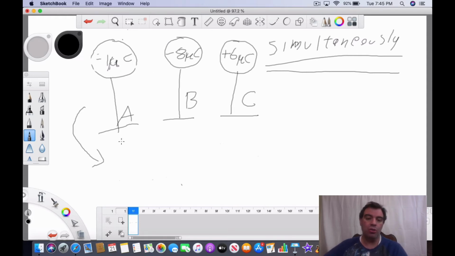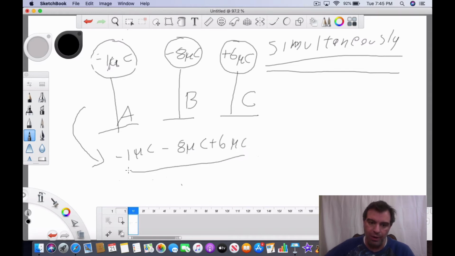If all three are brought in contact at the same time, all three will have the exact same amount of charge between them. The way we do this is we literally add them up. So we have -1 microcoulomb, plus -8 microcoulombs, plus 6 microcoulombs, and then we divide it by the number of objects.